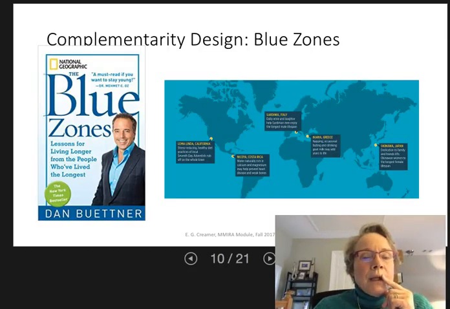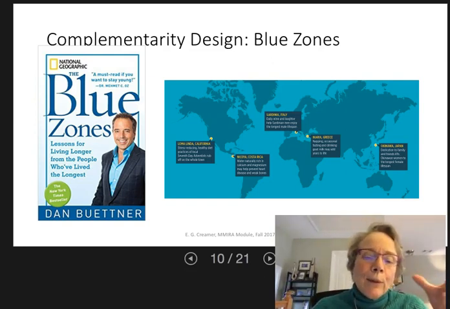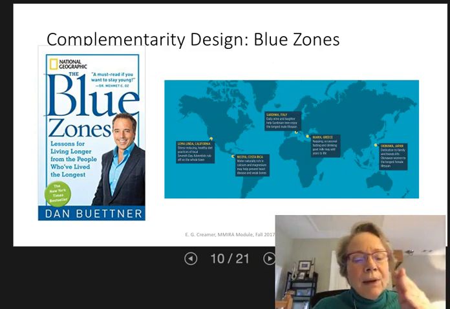And the example that I use in the text, and I like to use popular media examples in some cases, sometimes it translates, sometimes it doesn't, is a wonderful study, starting in academia, ultimately moving into the popular press with the support of the National Geographic. And this is a study to understand parts of the world that have a disproportionately high representation of people who live above 100 years old.